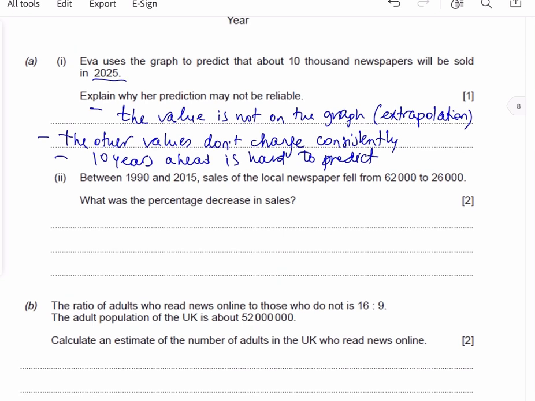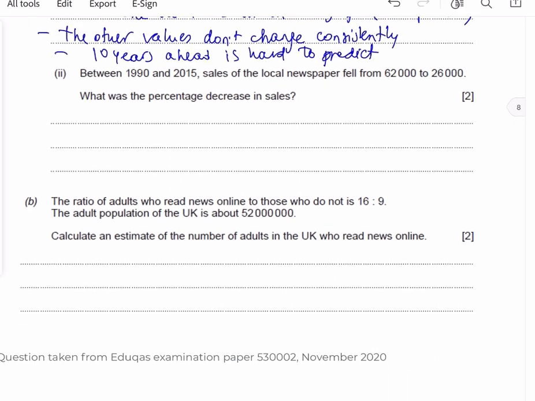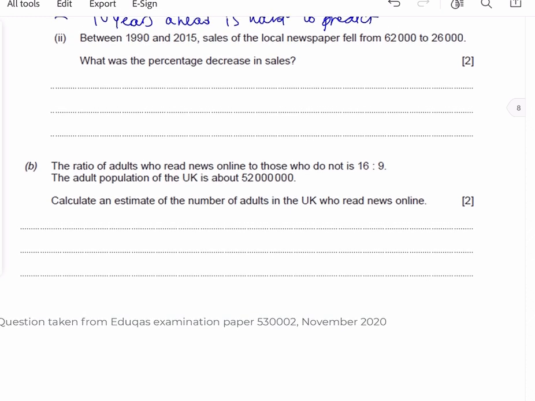So let's look at the next question. Between 1990 and 2015, sales of the local newspaper fell from 62,000 to 26,000. What was the percentage decrease? Here we're just using the formula for percentage change. It means find the difference between these two numbers. I'm just writing quickly 62,000 and 26,000 as 62 minus 26. Of course, you can use the calculator here. That's a calculator question.